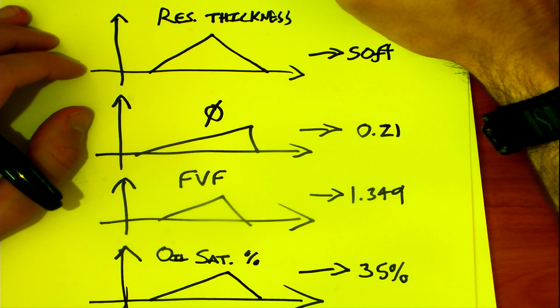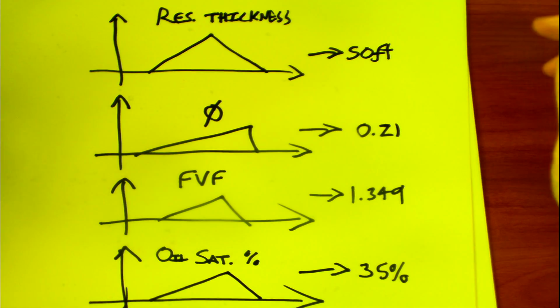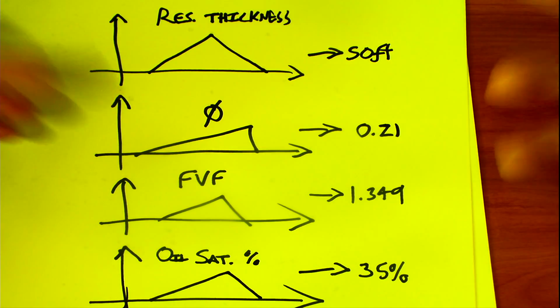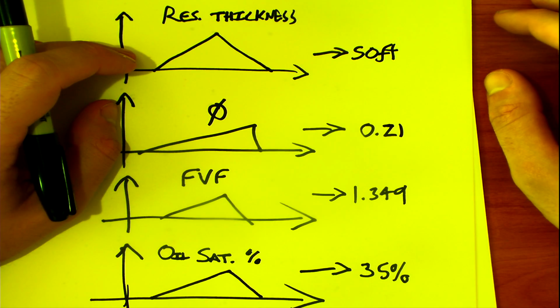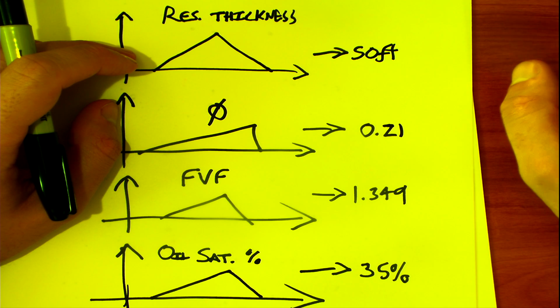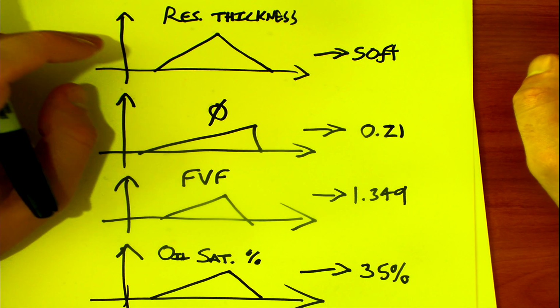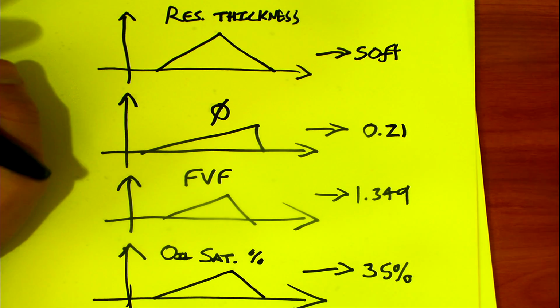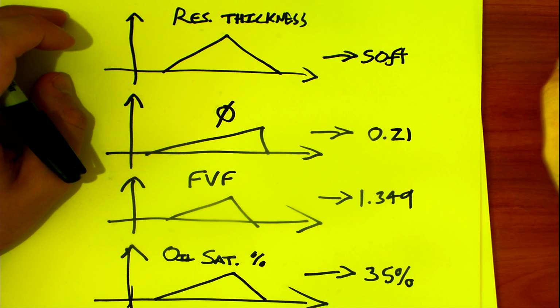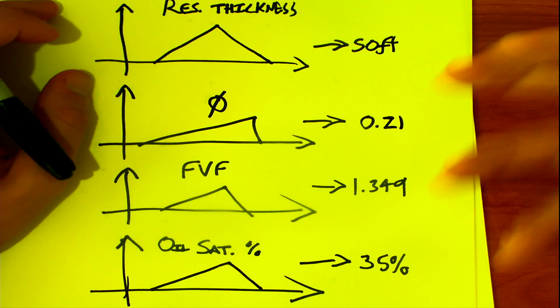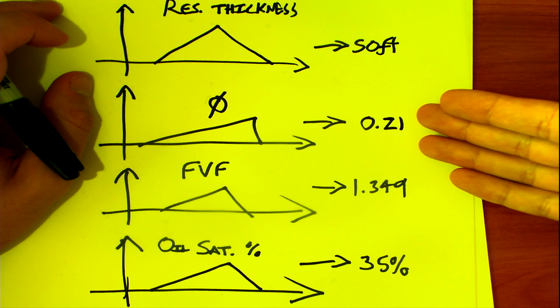In theory, I could multiply these together, combine them in some way, right? And they'd give me a prediction for, in this case, original oil in place, right? That'd be something I could do with this set of data.